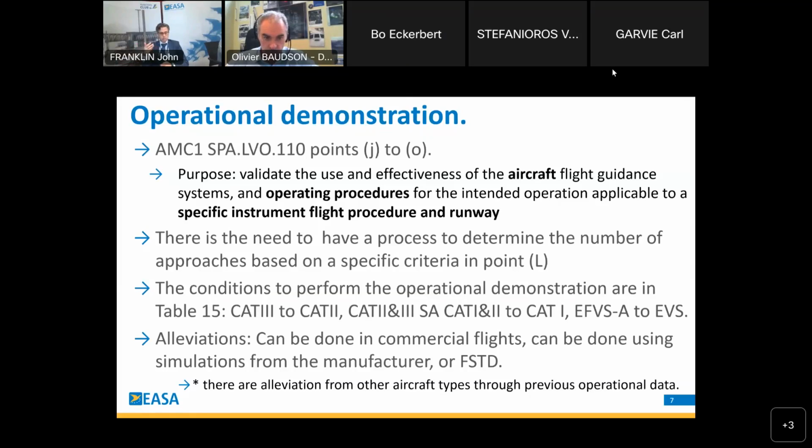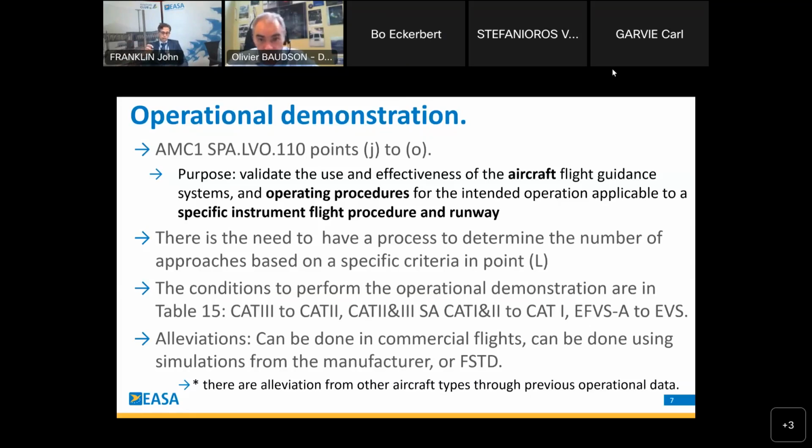Now there's a need to have a process to determine the number, because before there were 100 approaches, and then for every new runway it was one approach only. But for all runways it was at least one, but you didn't have the other credits that I mentioned about the previous operational data. Well, the previous operational data was half allowed, and then you didn't have the desktop assessment.